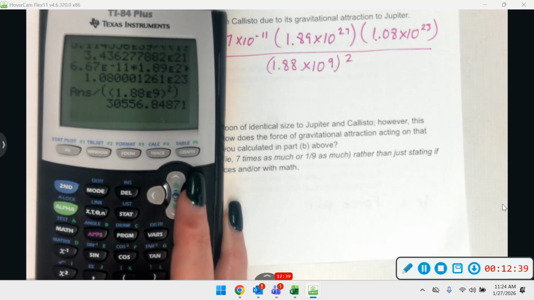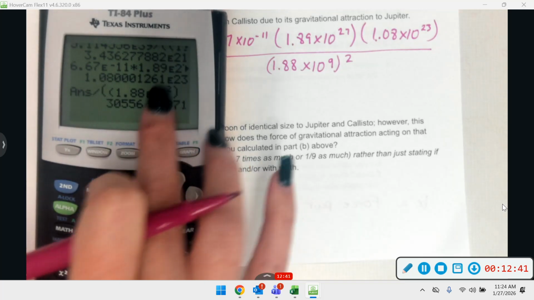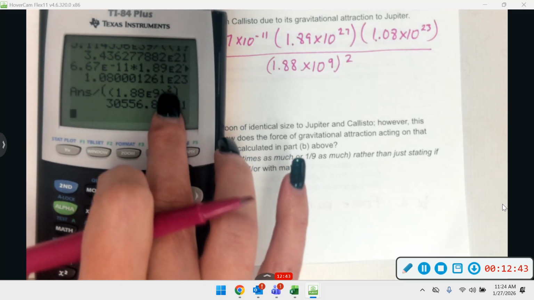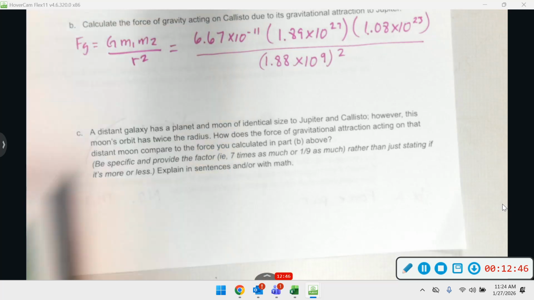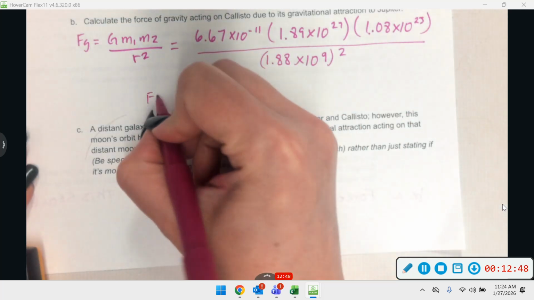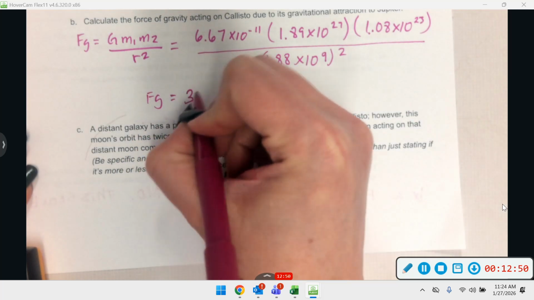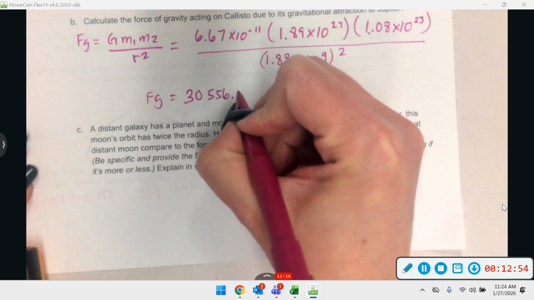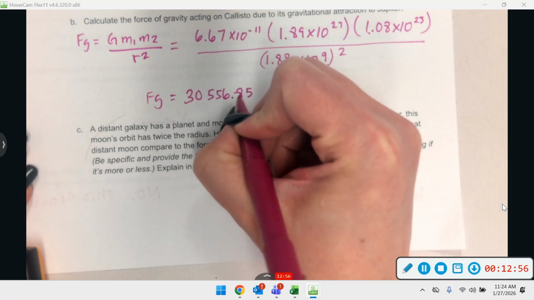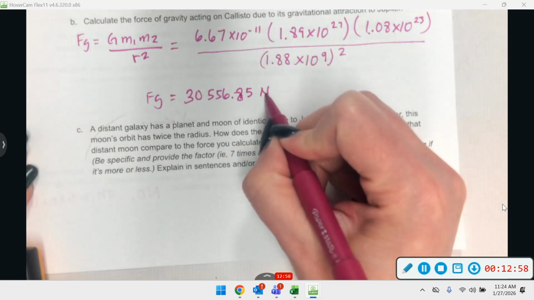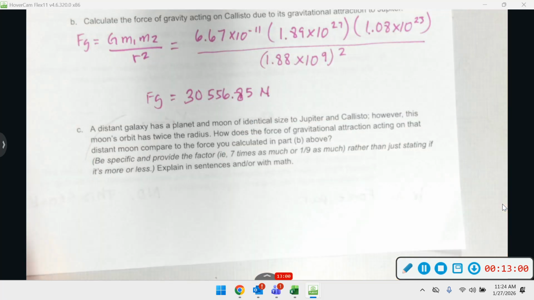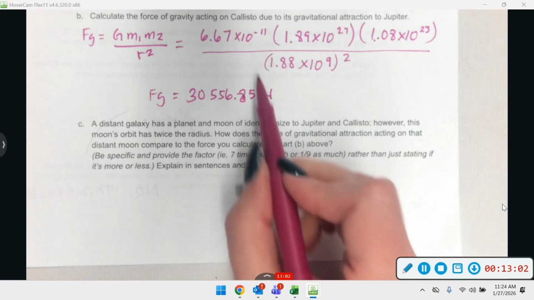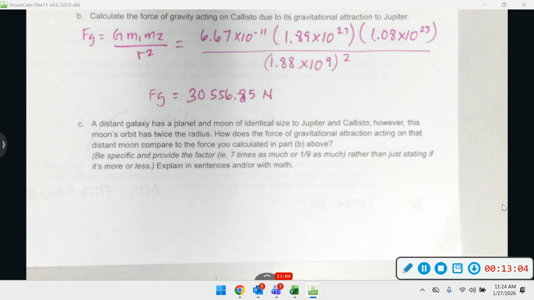So again, we did the same process, typed everything in, divided it by that denominator. Make sure you square the denominator, and we get Fg is 30,556.85 newtons. And by the way, this is the force acting on Callisto. It's also the force acting on Jupiter.